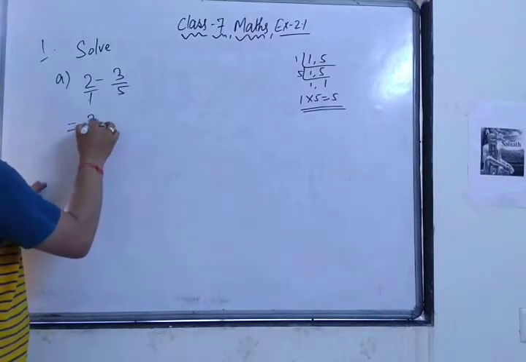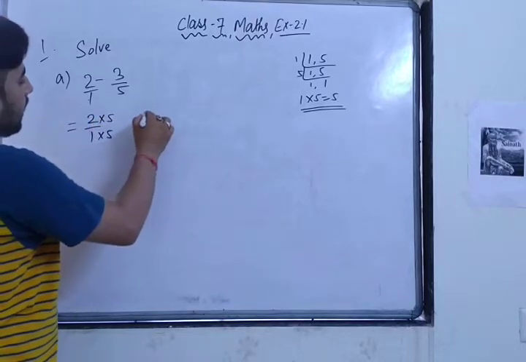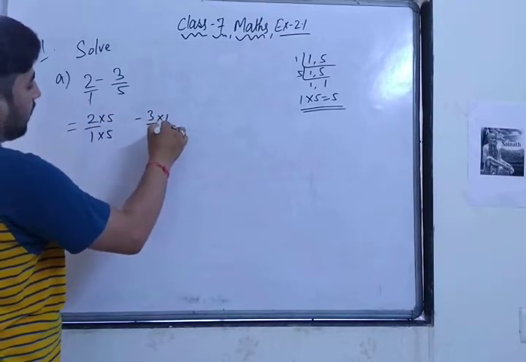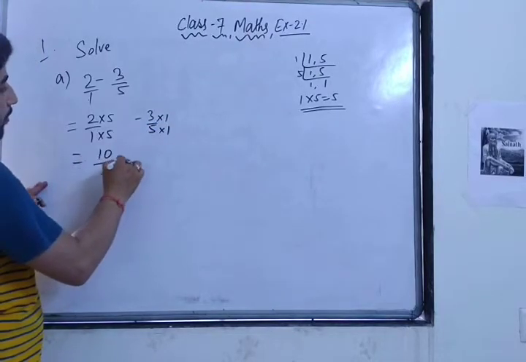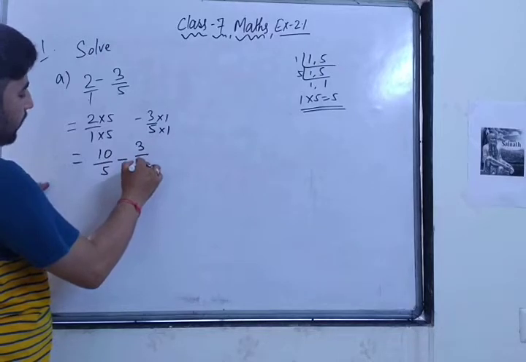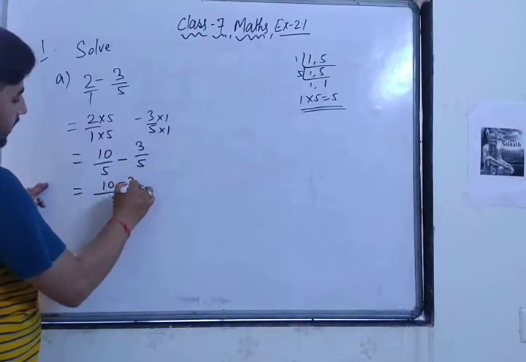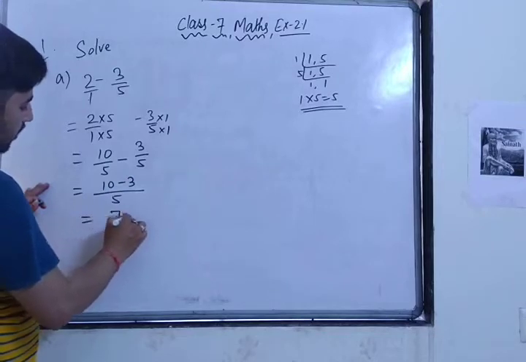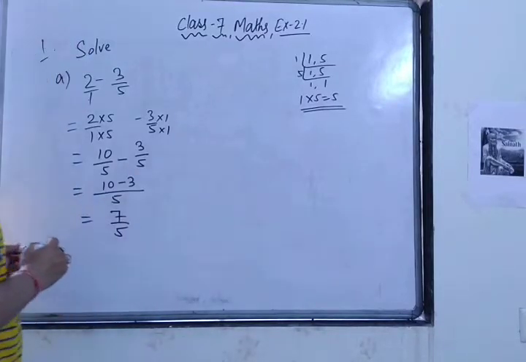So what will you write? 2 by 1, because you have to make the LCM 5, and here 3 by 5 you have to multiply by 1. Got it? So 5 twos are 10 by 5 minus 3 ones are 3 by 5. LCM 5. 10 minus 3 is equal to 7 by 5. Have you got it?